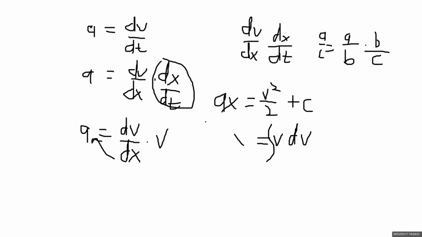So let's go back here. Let's erase some of this here. Solving for c, we have a x naught equals v naught squared over 2 plus c.